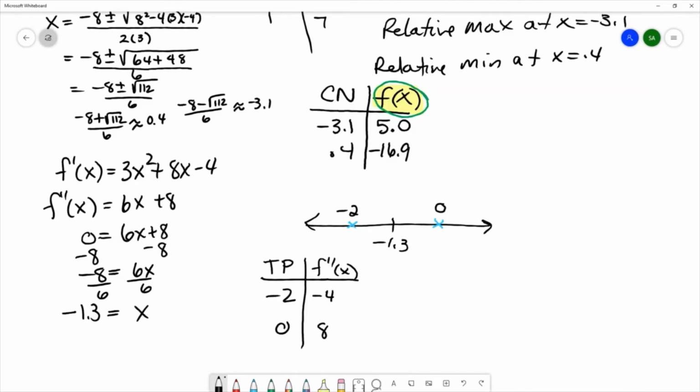So in this interval here we have concave down, and this one concave up. So when we get a negative, that tells us concave down, and a positive tells us concave up.